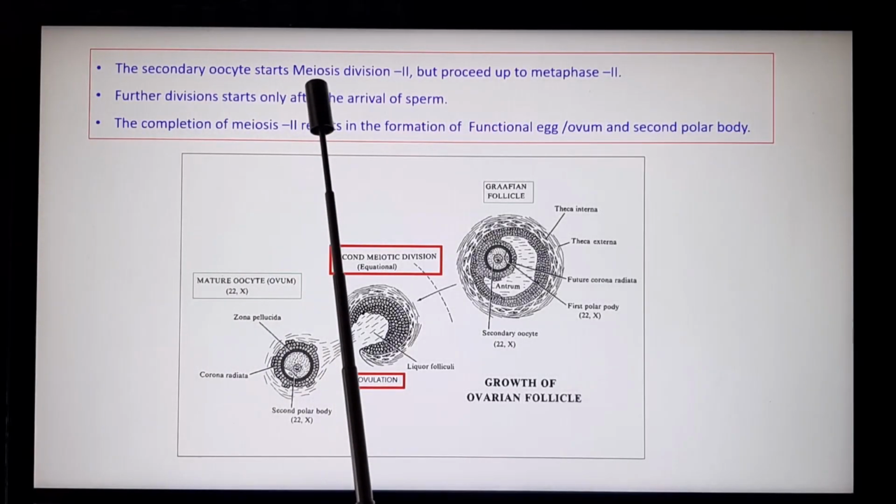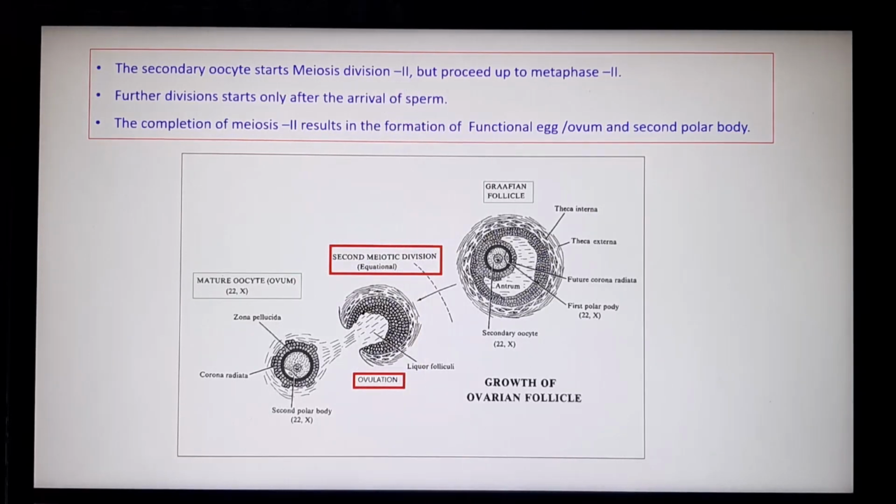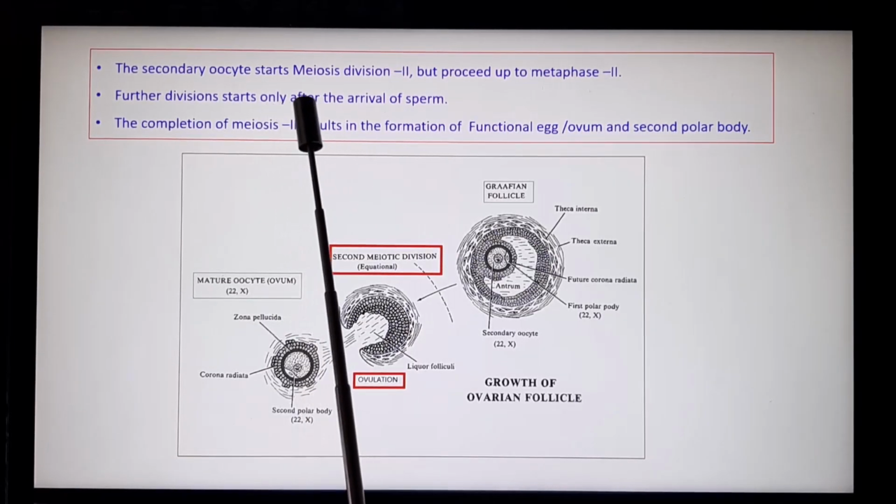So the secondary oocyte starts meiosis division 2. The division continues, but it proceeds up to metaphase stage and is temporarily arrested there. Further divisions start only after the arrival of the sperm.